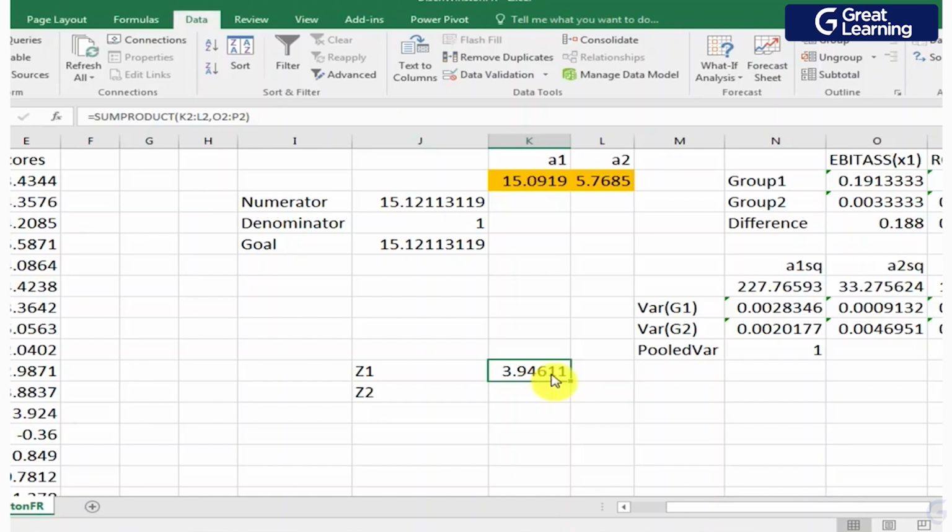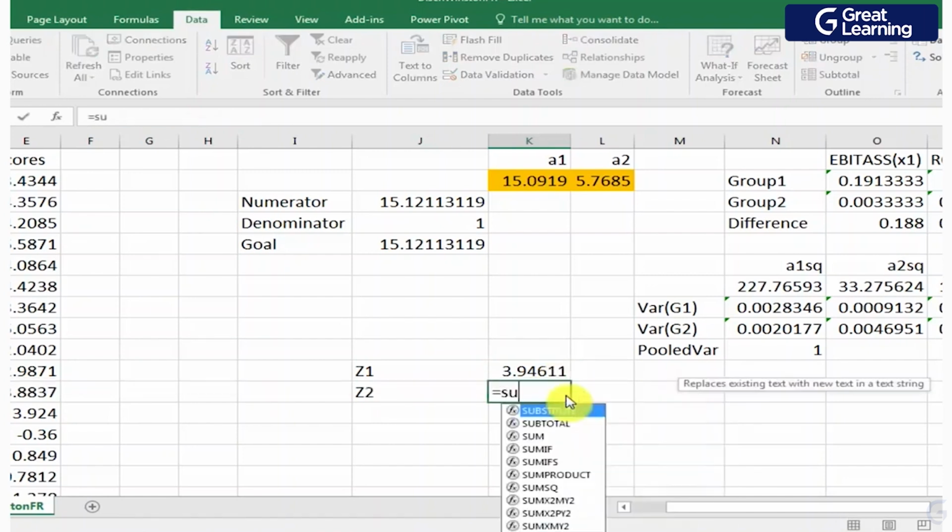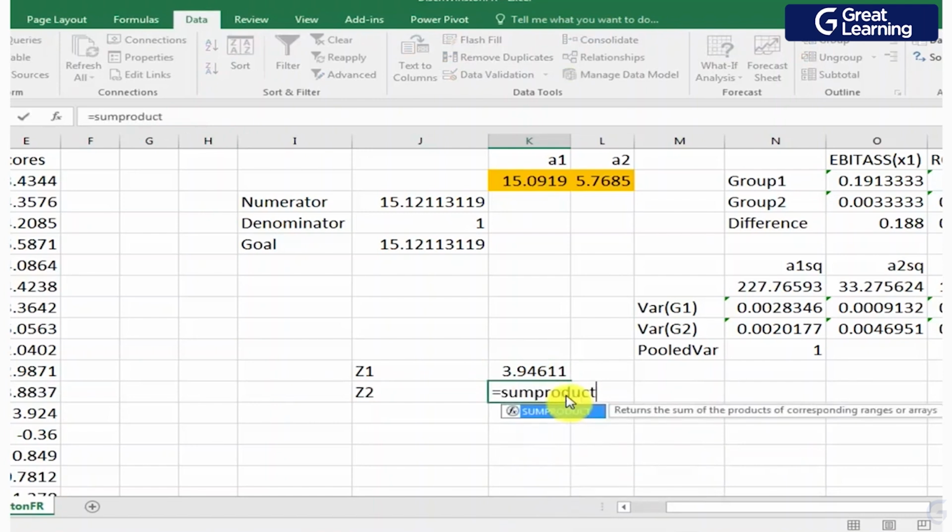By the same thing, 15 and 5.7 multiply shamelessly with the second group scores. So, it will be equal to sumproduct, comma, this one.